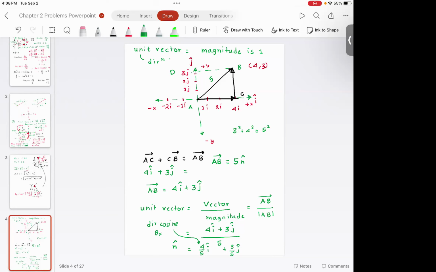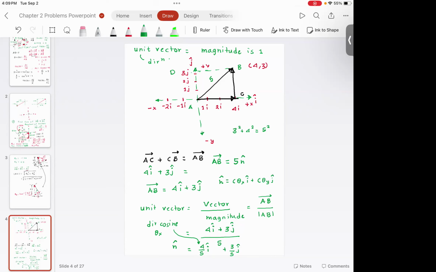So in other words, I can write this expression, and I'm going to talk about this a lot: n hat is cosine theta x i plus cosine theta y j.